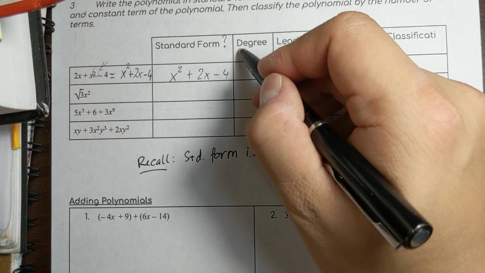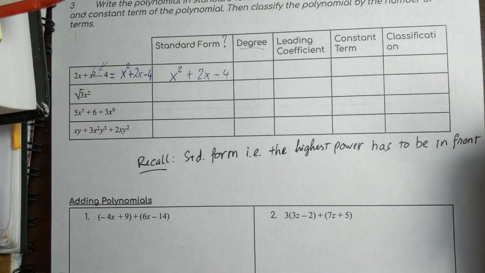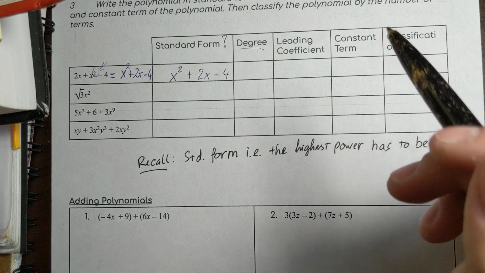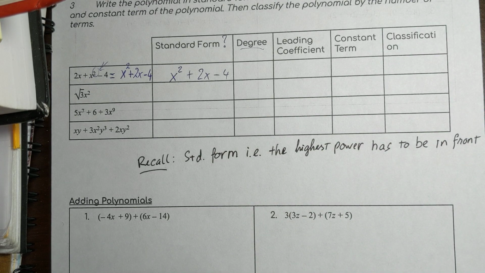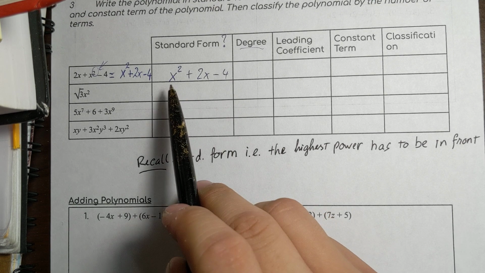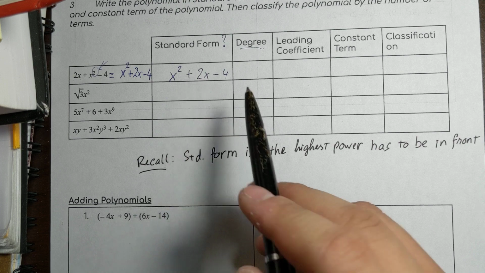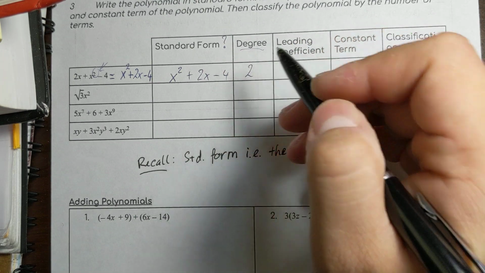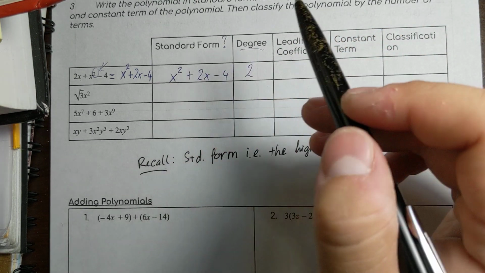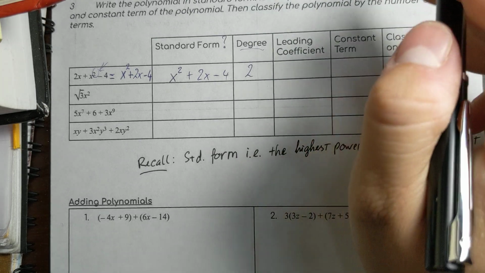What is the degree of this function here? Well, like I said before, degree should be the highest power in the whole function. Most of the time, you can find your degree based on the leading term. So here we'll put the x squared in front of everything. So the degree has to be 2, because that x squared means 2.